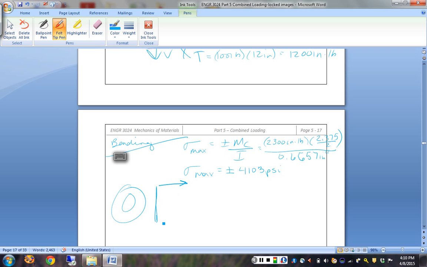So over here to the right of my profile, I'm drawing the stress distribution. And at the bottom I have compression, which I draw towards a cut face. And how much is in the middle, Stephanie? Stress in the middle? At the neutral axis? 0. How does it vary in between? Linearly.